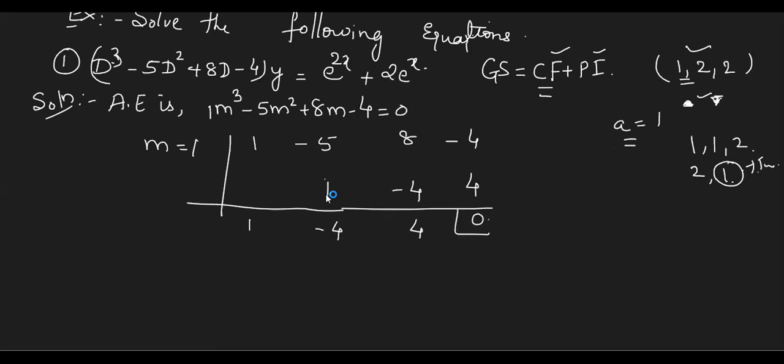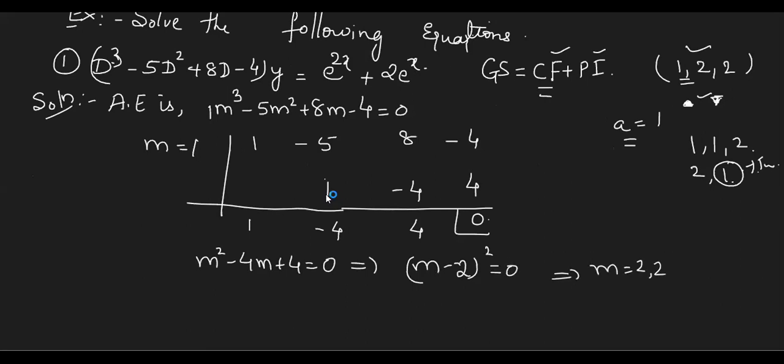So it is 0. I will get now m square minus 4m plus 4 equal to 0, which is obviously m minus 2 the whole square equal to 0, which is m equal to 2 and 2. See, this is a confirmation right by the side, so that you shouldn't get wrong answers. Tell me CF now.